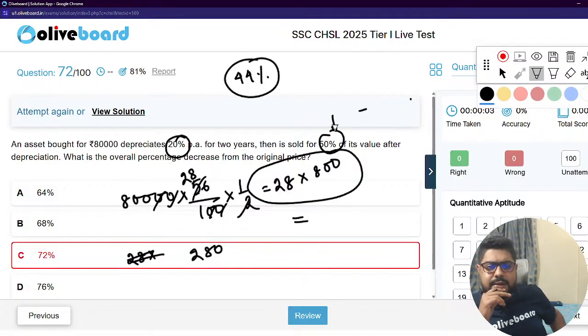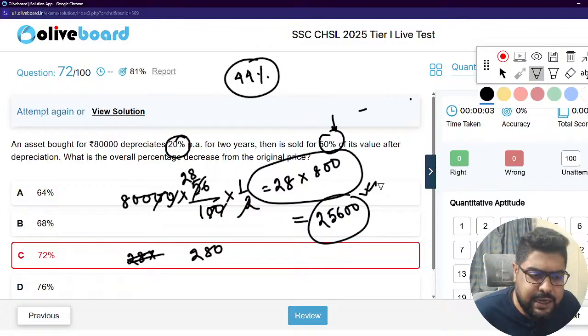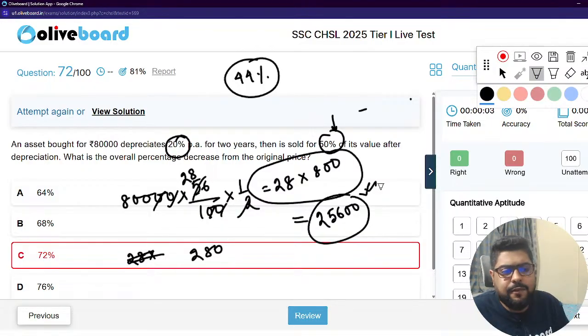Something is not right here. So I must make the half. I must take this 50%, right? Yes, that is what I'm saying. This is 25,600. Yes, this is 25,600, right? If I had not taken this half, then 54,400 makes sense.